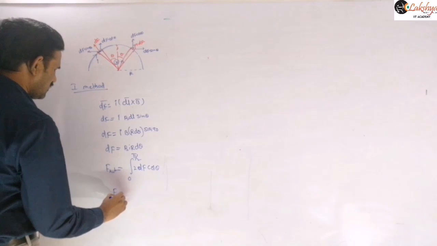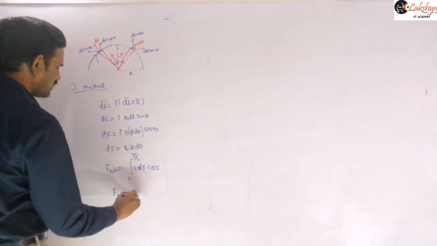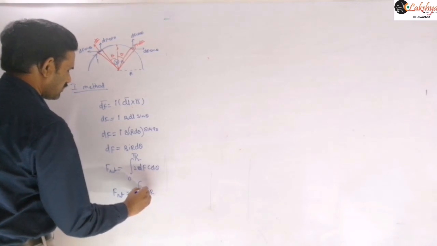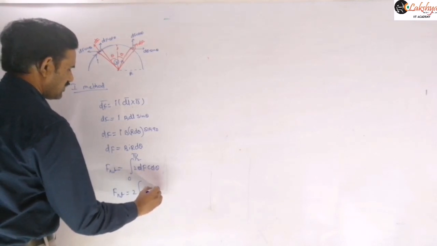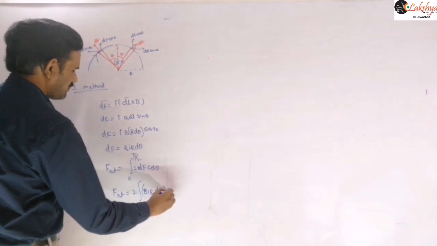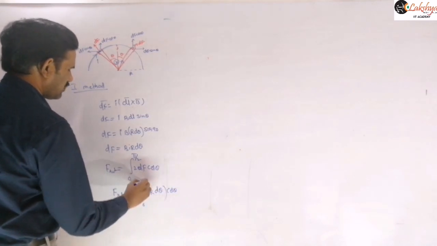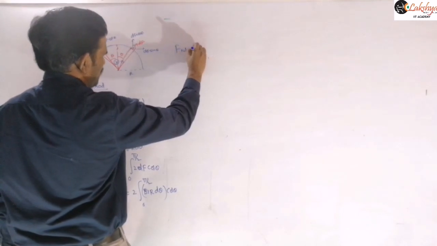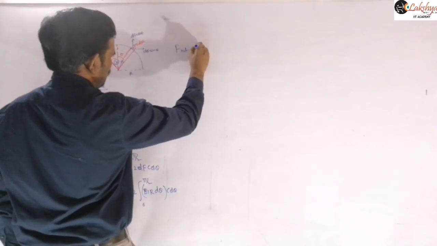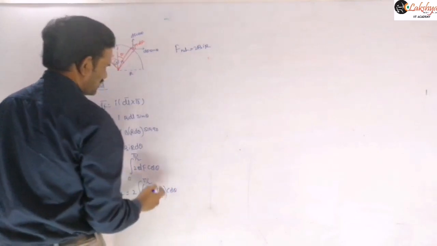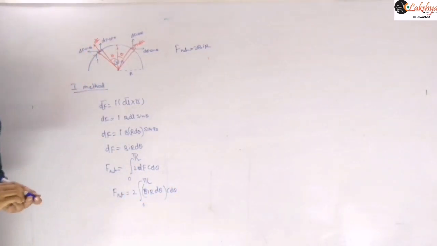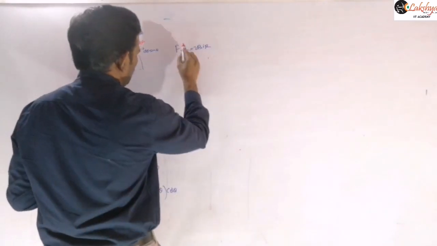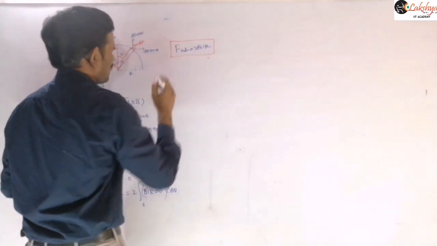The net force is equal to 2 times the integral of B I r d theta cos theta, from 0 to pi by 2. Therefore the net force is 2BIR, because the integration of cos theta is sin theta, and the limits from 0 to 90 degrees give 1. So this is the force acting on this conductor.